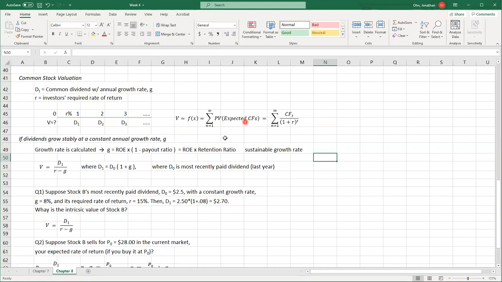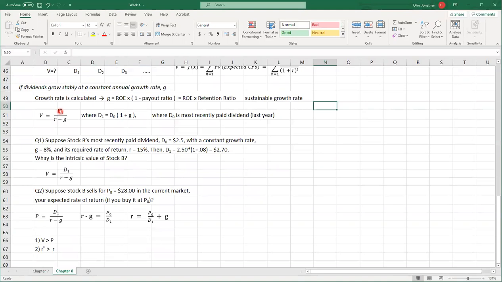If you do that mathematically and go through a couple of steps, it will come down to D1 over R minus G. All right, D1 is the dividend at the end of this year. D0 is the dividend that was paid last year. And G is the growth rate. So if you look at this one here, that is the mathematical definition of growth rate in dividend, right?